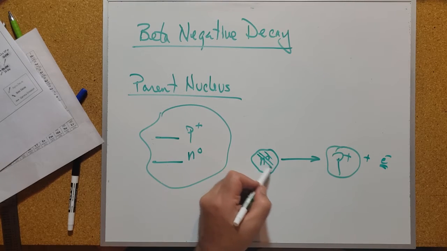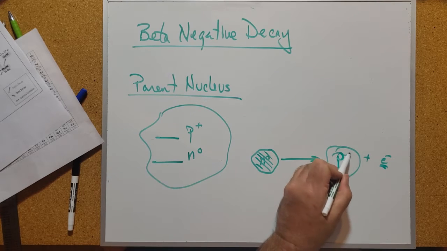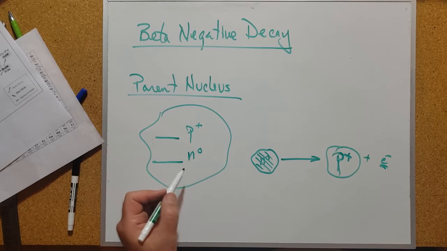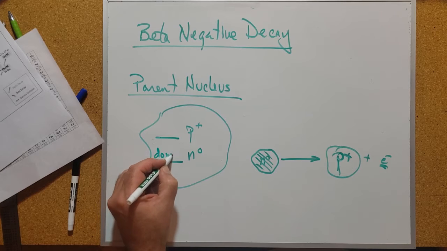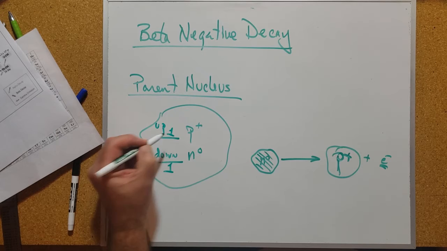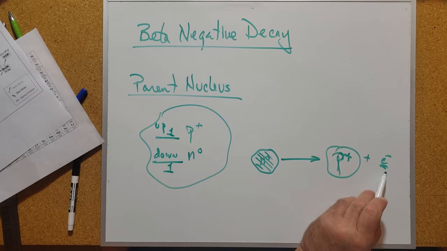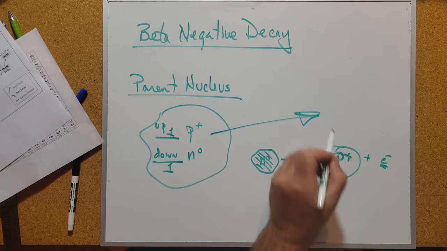So my little neutron here does some voodoo magic and becomes a proton. Now that proton remains in the nucleus. So really what happens is that the neutron number goes down 1 and the proton number goes up 1 during this change. And the other piece of this transformation, the electron, goes shooting out of the nucleus.